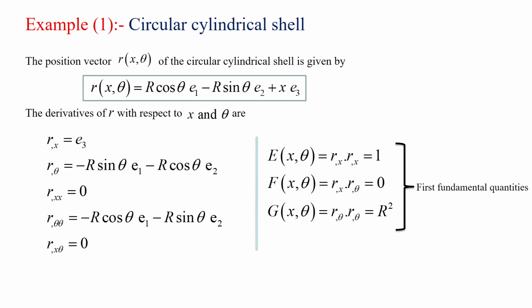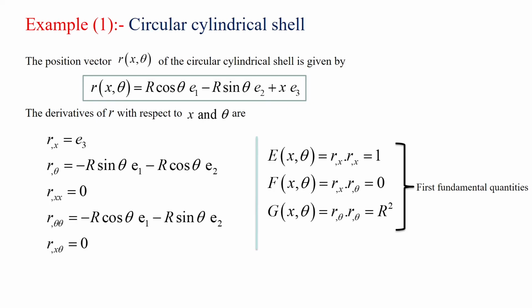Now, I will take one or two examples. The very important part is that first we have to find the position vector. In differential geometry it is slightly different, not like when you go through the cylindrical coordinate system or spherical coordinate system and convert to a rectangular coordinate system.